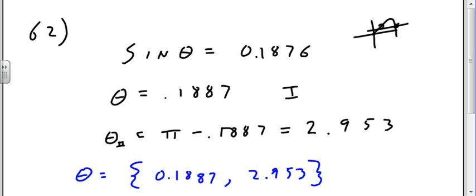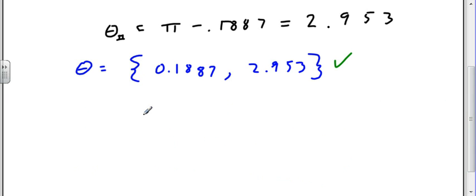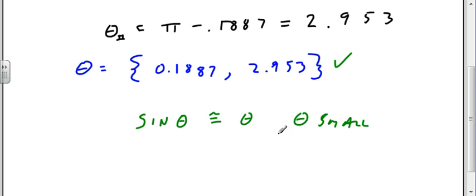Oh, excellent. Now, when you're in your physics class, you're going to have problems, and the sine of theta is going to be approximately theta when theta is small. So in physics, sometimes we'll substitute sine of theta and just use theta in radians.